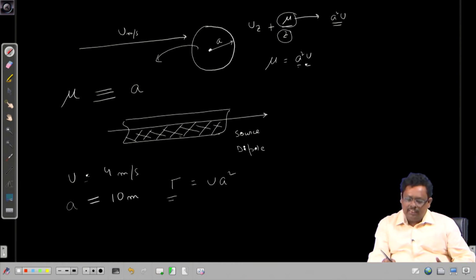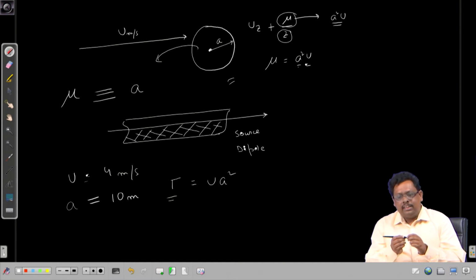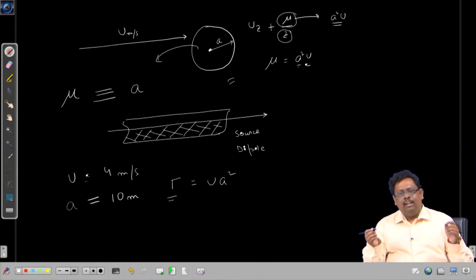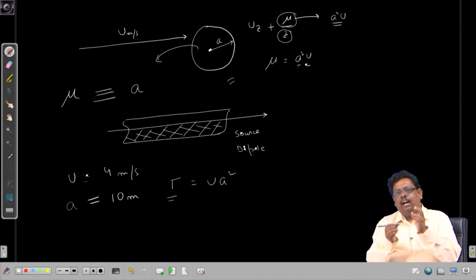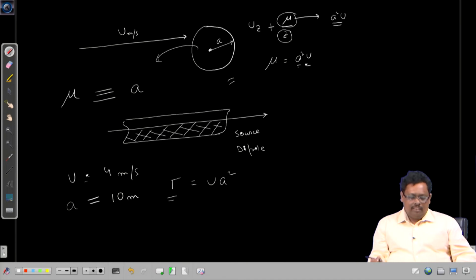So, given a geometry, I can find out a strength, and then I can solve the problem. I only need to know two things: how to distribute the sources or the dipole singularities, and second, how to estimate the strength. Clear? Okay.